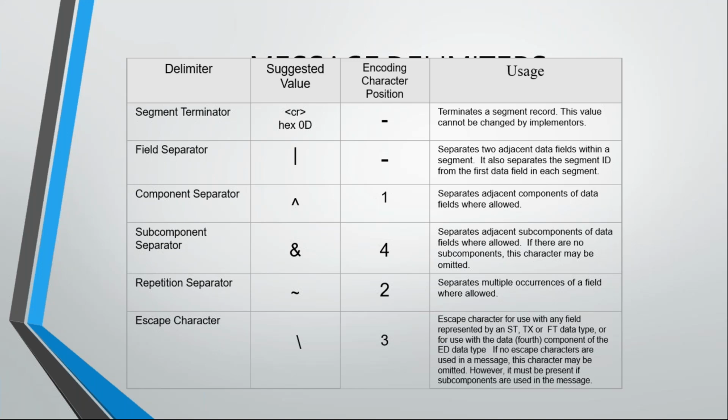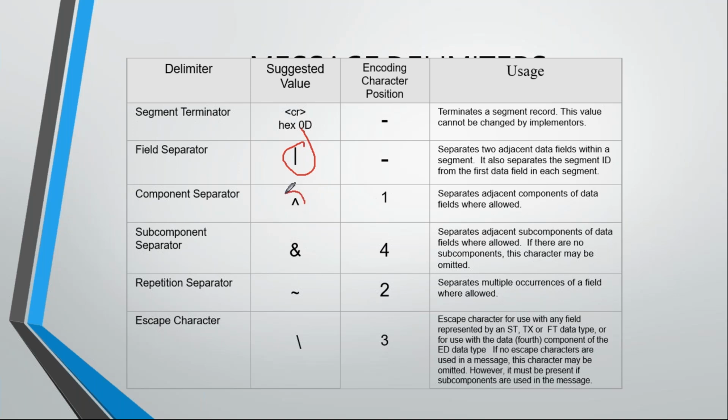In the same way, if you have to separate two fields, we have to have a dividing factor. That dividing factor is the pipe. This symbol is present on your keyboard just above the enter key. So that is called a pipe, and this is the field separator in our HL7 message.